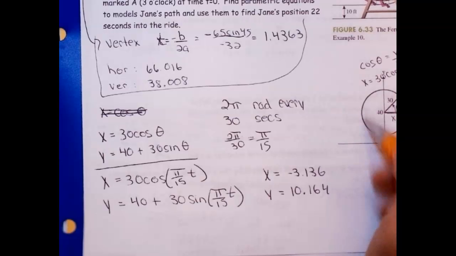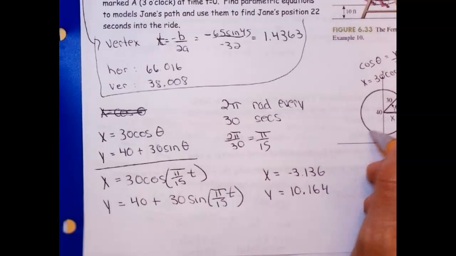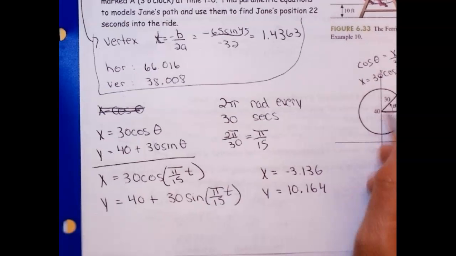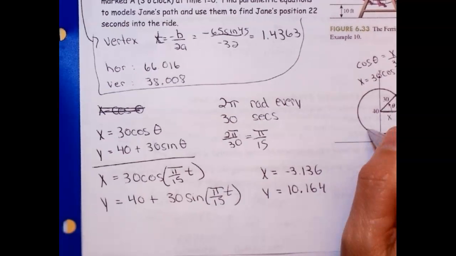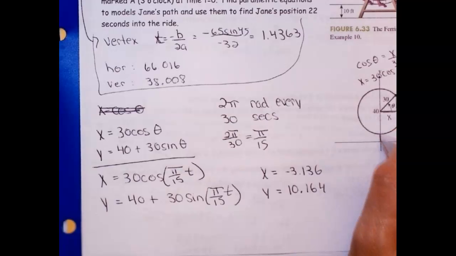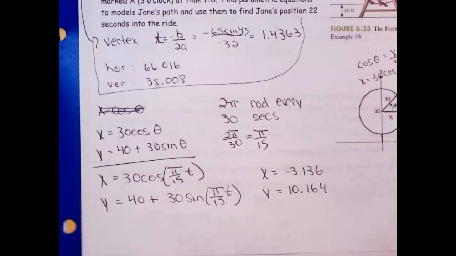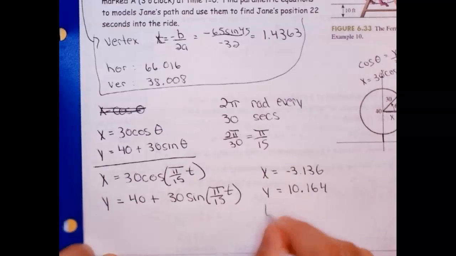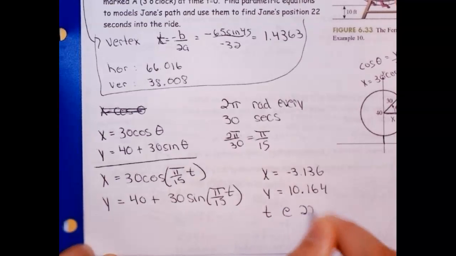So 22 seconds would be down in here, which would make me think I've got a negative y value, but that's not what it's telling me. I guess because I'm still 10 feet off the ground, I was thinking my origin would be here. So the 10 makes sense because this is 10 right here. I'm a little bit greater than that. Again, this was a time at 22 seconds.